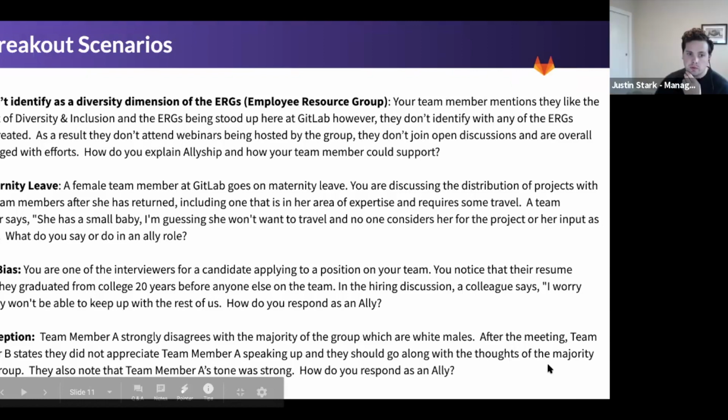I can answer this one. So we responded in a similar way that we did to C, which is to first start with asking a clarifying question or make the person be more clear about what they meant, right? So in the stated response here, I think it says they note that the team member's tone was strong, or they're speaking in these sort of vagaries.